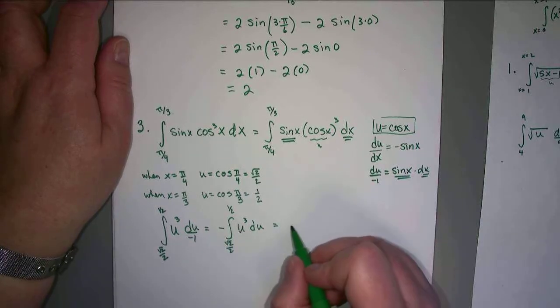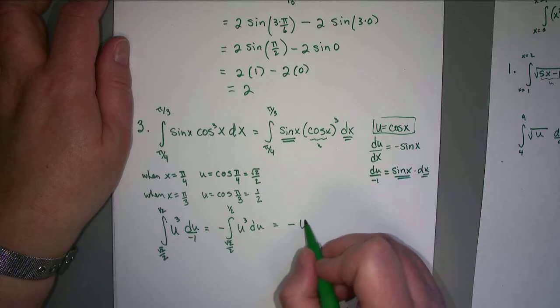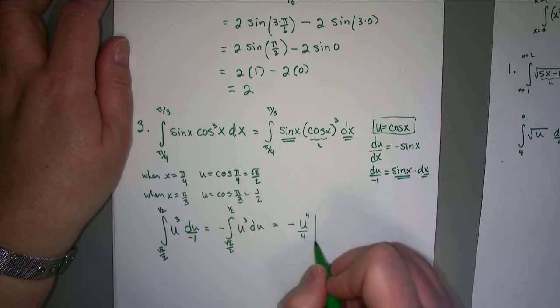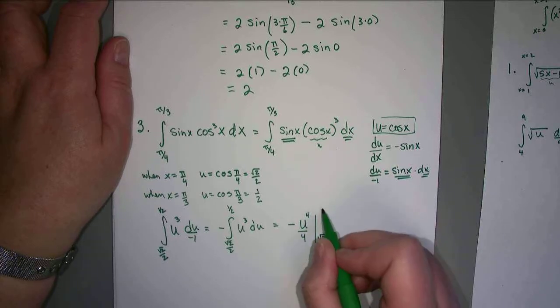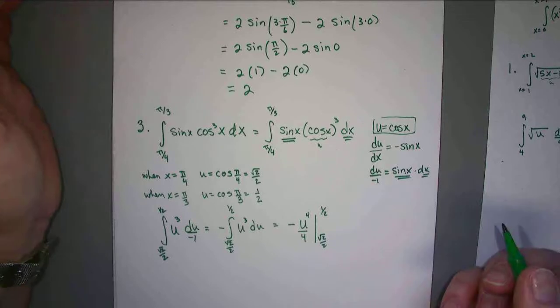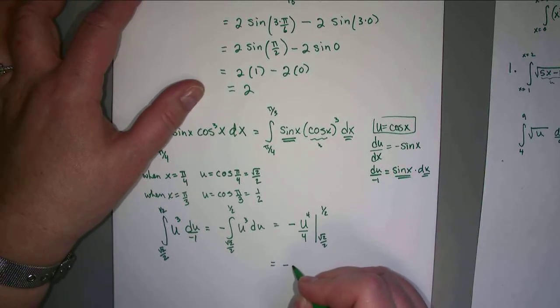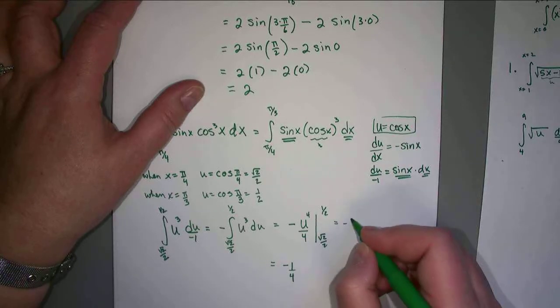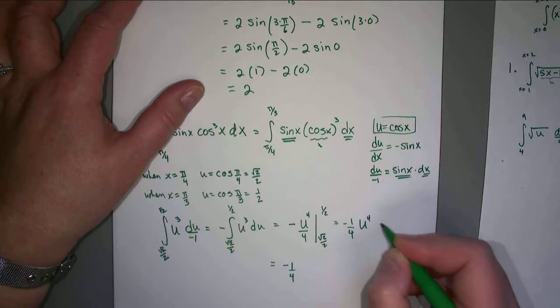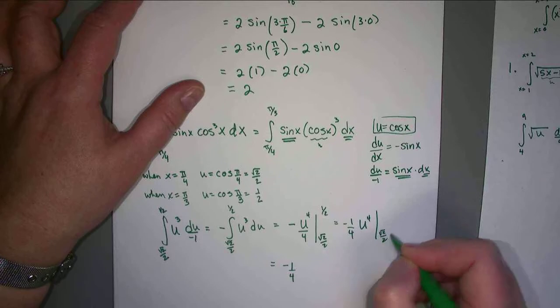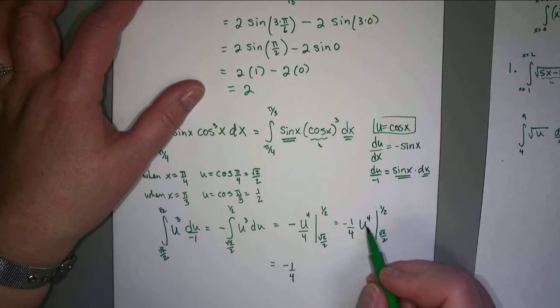Okay, so we integrate minus u to the 4 over 4. And we don't go back to the x's, we just plug these numbers in. Let me write it like this, u to the 4, just so that it's easier to plug in.